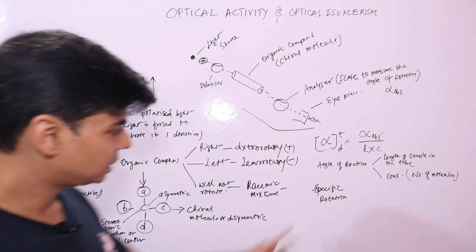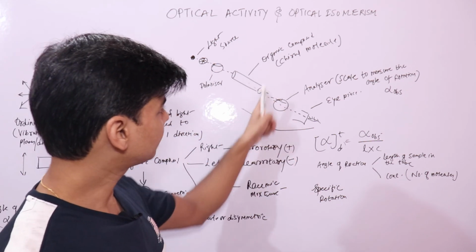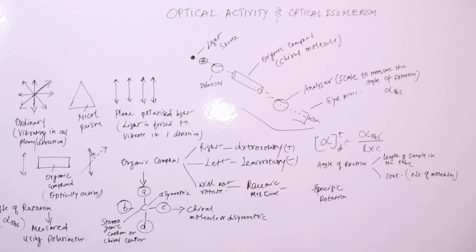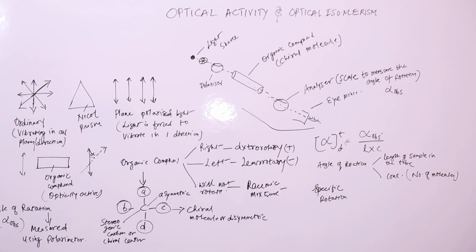So we calculate specific rotation for any substance in this tube by specifying certain things: the length of the tube and the concentration, the two things which you can see in the formula.